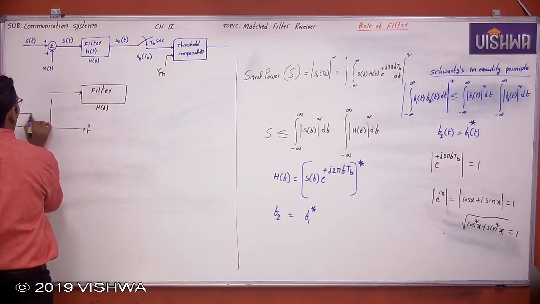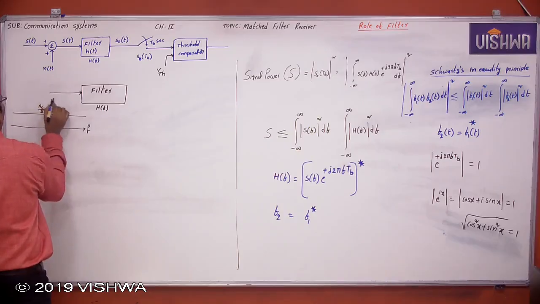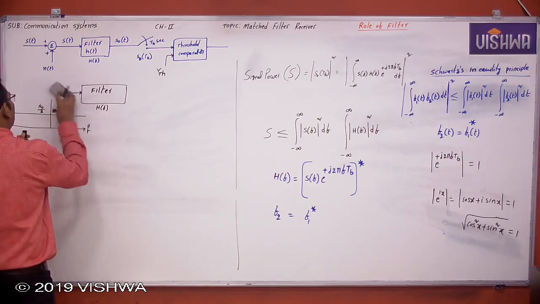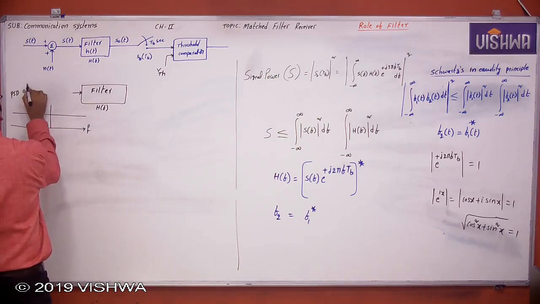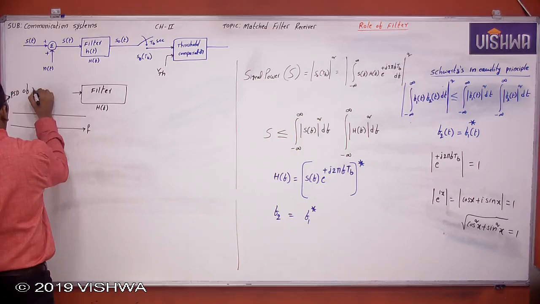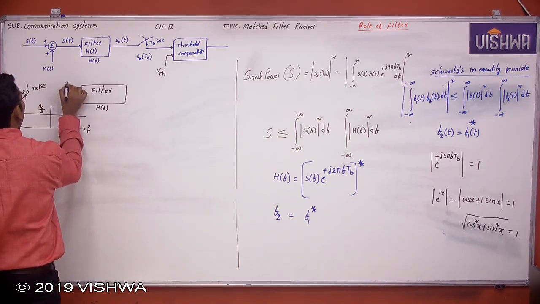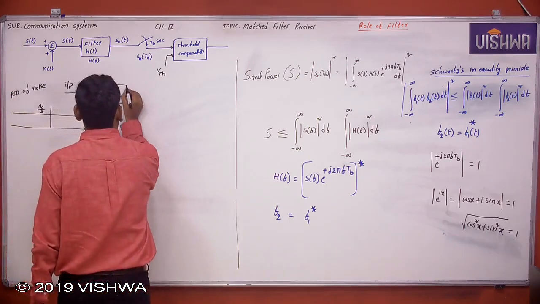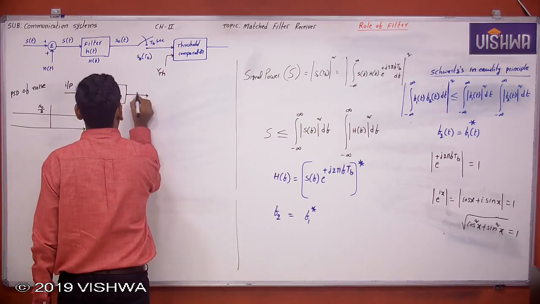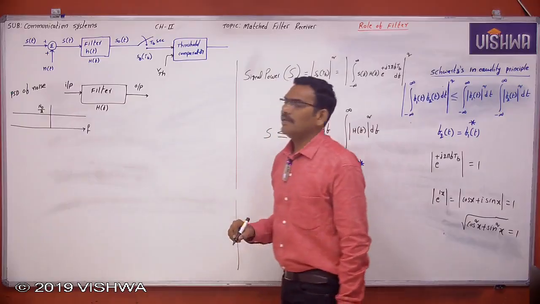Now this is a noise power spectral density. Now this is the power spectral density of noise, which is input to the filter, right? Now, but we want the filter output. This is the filter output. Now what is the power spectral density at the output of the filter?